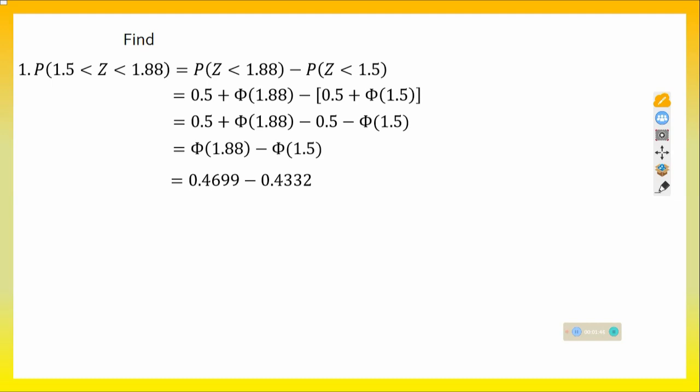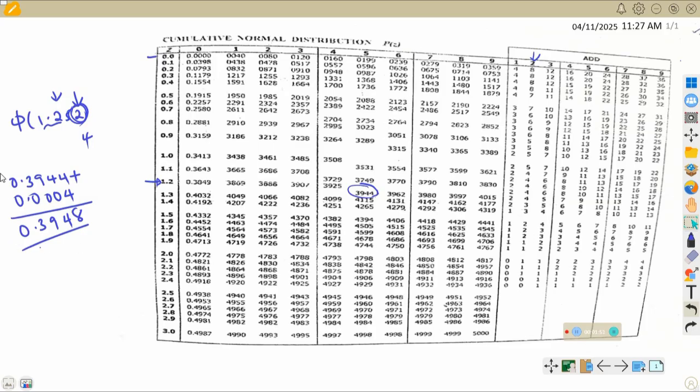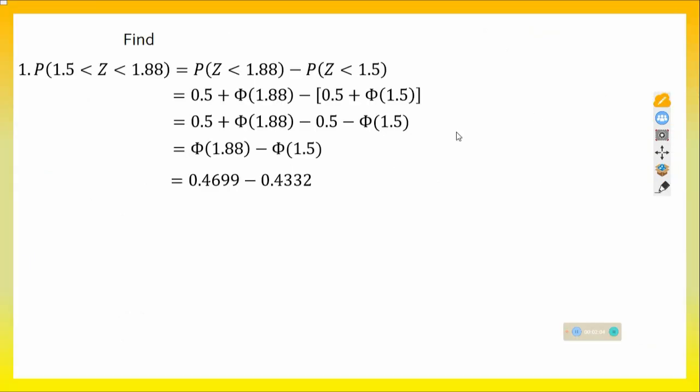Then you will subtract the table reading of 1.5. So 1.5 is here. 1.5 of 0 is 0.4332. So you will come here and substitute it, 0.4332. Then compute that one there, and that will be your answer.